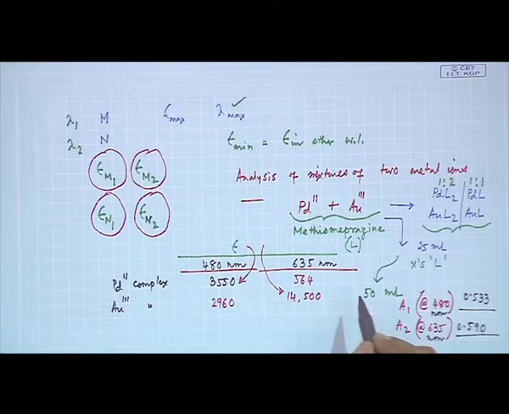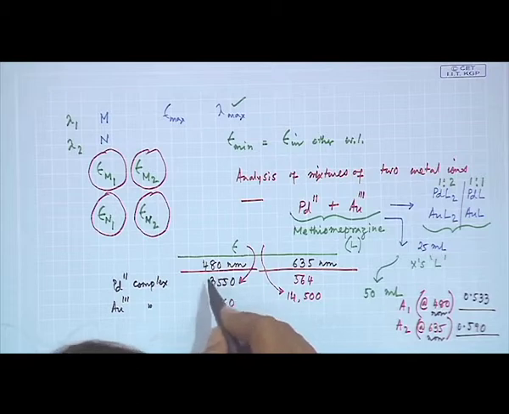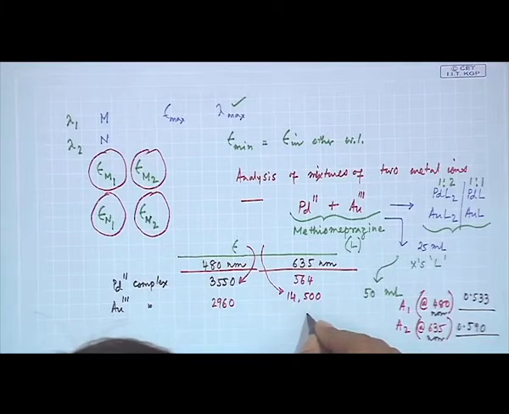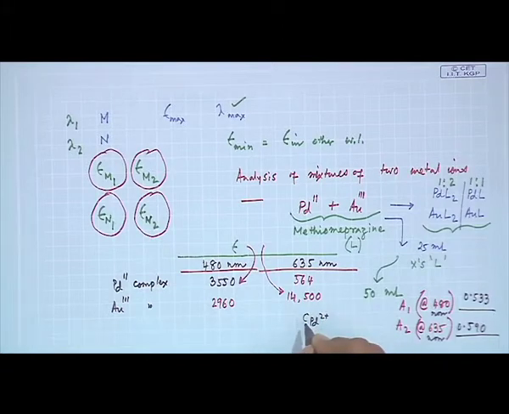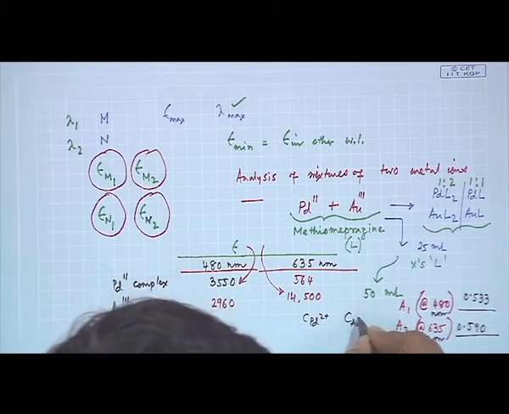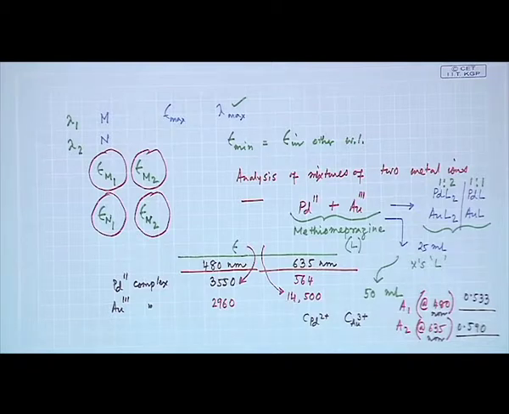A1 and A2 are known, and the molar absorptivity and the path length b are also known. The only things we have are two unknown concentrations: c of palladium 2 plus, small c, concentration is always small case, and c of gold 3 plus. So, these are the two unknown quantities, one can be Cm, another can be Cn.